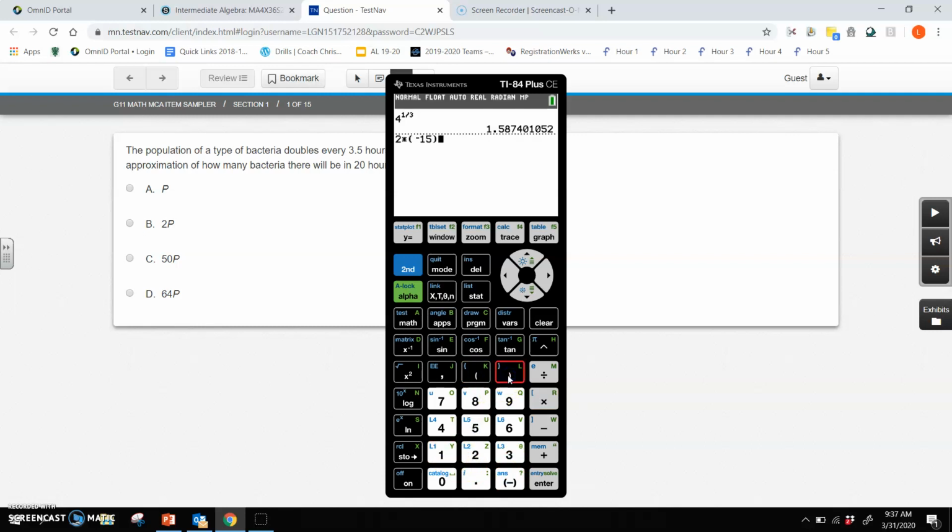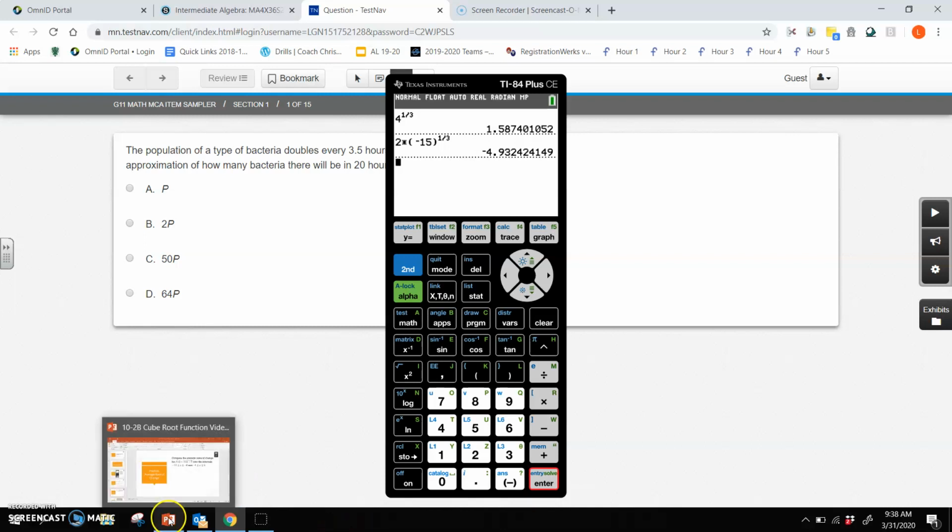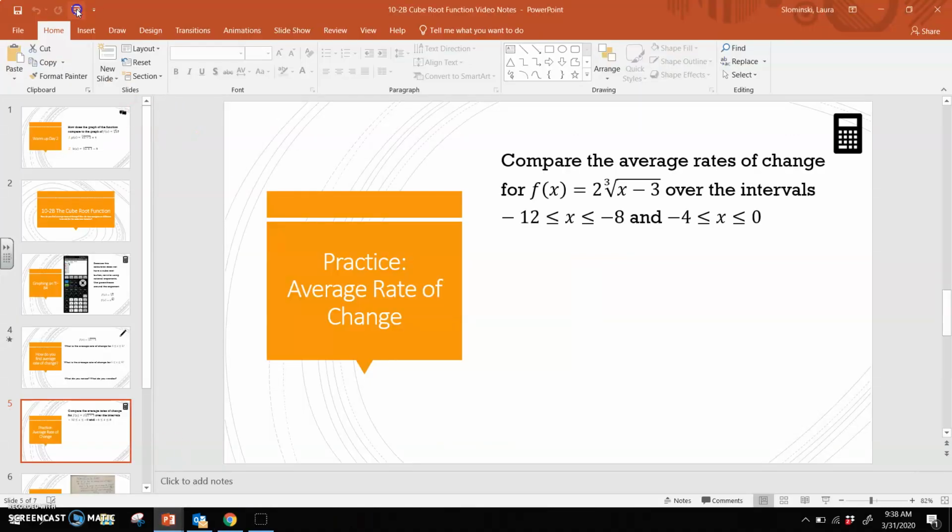Make sure you put the negative 15 in parentheses to the 1/3 power. So again, we'll talk about why we get that, but you can see when I do type that in, 2 times negative 15 to the 1/3 power, I get negative 4.932. All right, so now let's go back and work through the notes. I'm going to have to click through here.